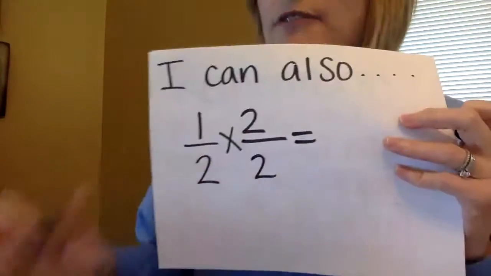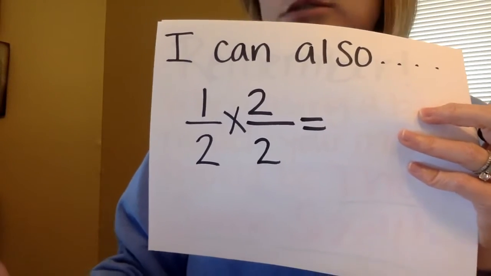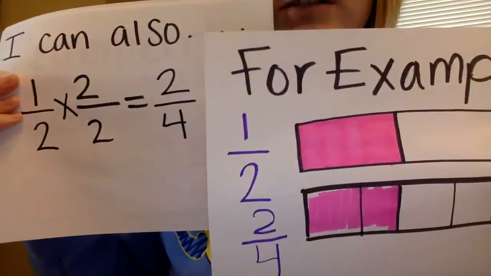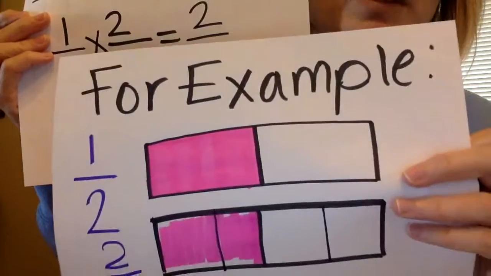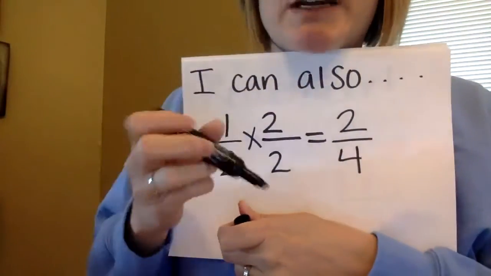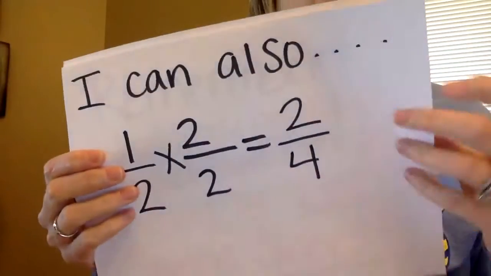And when I multiply 1/2 by 2/2, I end up with the fraction 2/4, which is also the same as my shaded model. So I can use either method. I can use a model if I need to draw my picture, or I can use my multiplication strategy if I feel like I'm ready to do that without the model.